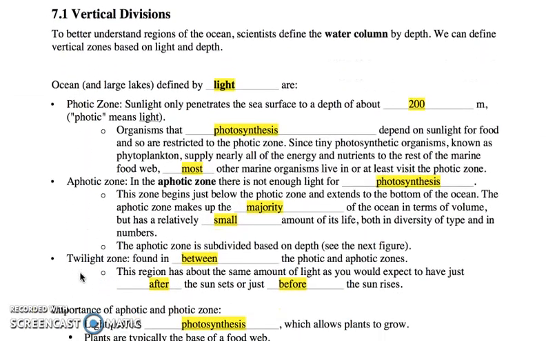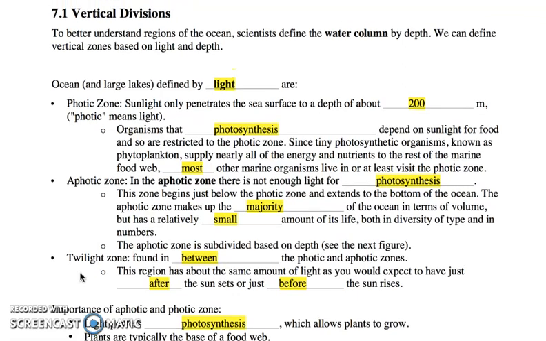So vertical divisions. To better understand the regions of the ocean, scientists have identified the water column by its depth. Although we're not going to define each layer in terms of depth by exactly how many meters there are, we can characterize them by how much light there is. So the photic zone, again, that is the area that has light.